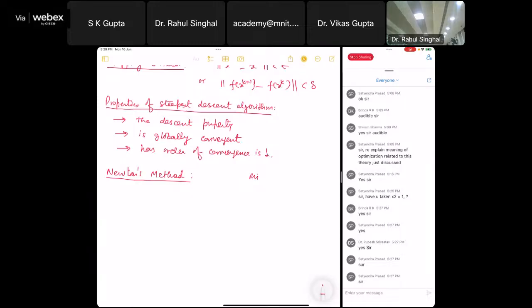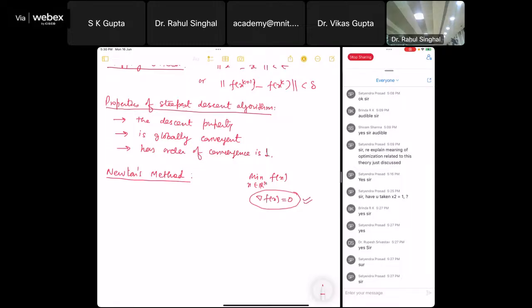Basically, when you have to optimize minimum of f(x), x belongs to Rn, we are interested to solve gradient of f(x) equal to 0, because the point where gradient of f(x) equals 0 will be a point of local maxima or local minima. So basically we are interested to solve this equation.